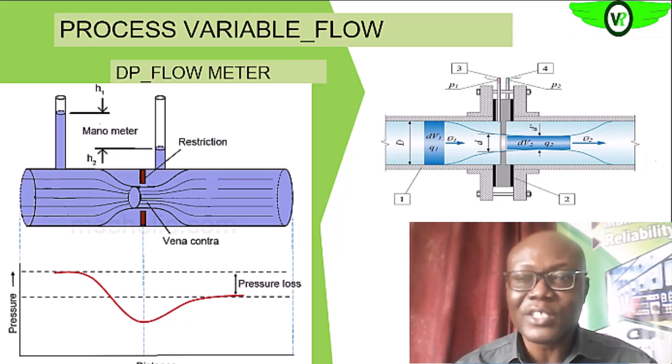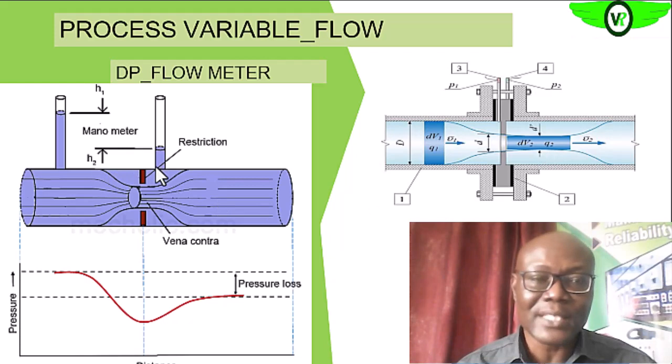Increase the velocity on the downstream end of this orifice plate. And once again, when we apply Bernoulli's equation, you'll see that that increase in velocity will now be converted to a reduction in pressure. And that is what we are seeing here.